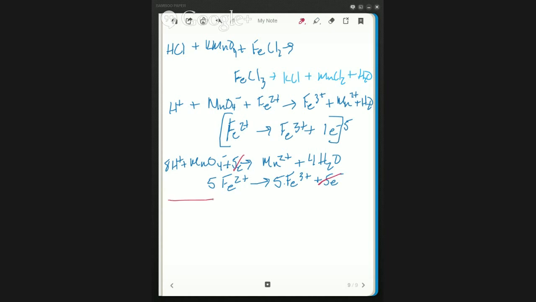Which is going to give us in the long run, I know I changed colors, 8H+ plus MnO4- plus 5Fe2+ is going to yield Mn2+ plus 5Fe3+ plus 4H2O.